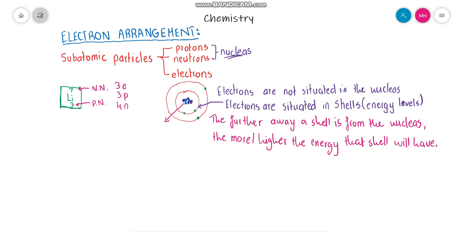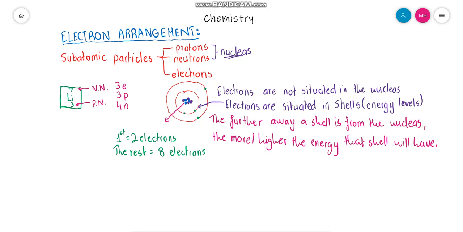Because the first energy level is already full, which brings me to another point. The first shell can only hold 2 electrons. The rest, for the IGCSE syllabus, can hold up to 8 electrons.